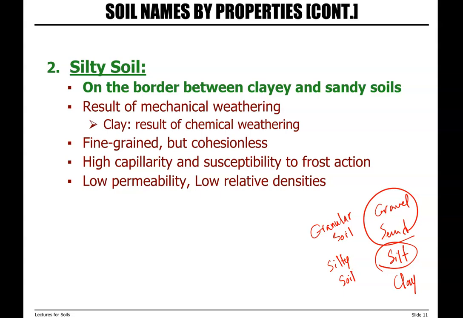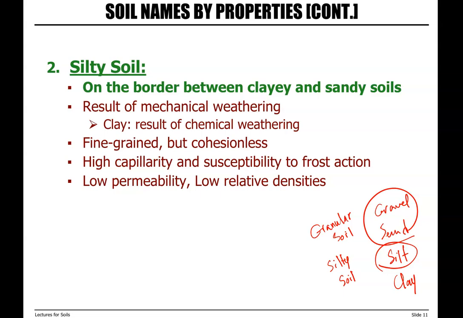It's mainly formed as a result of mechanical weathering. Mechanical weathering doesn't cause any change in the chemical composition of rock particles. An example of mechanical weathering is when water gets into the pores of a rock particle, and when it freezes, it expands and breaks the rock particle into a smaller size.